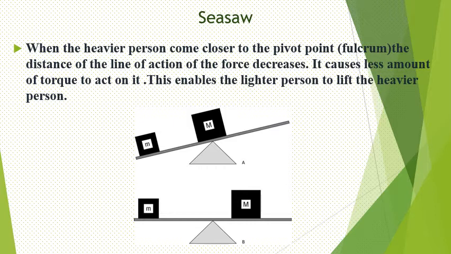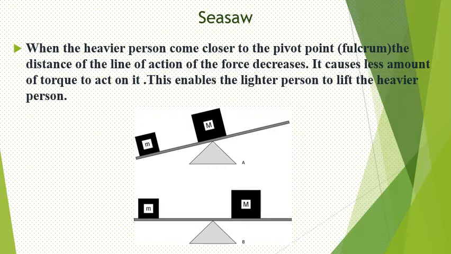When the heavier person comes closer to the pivot point, the distance of the line of action of force decreases. The rotating effect is less, so less torque acts on it. So the lighter person is able to lift the heavier person. That is the application of torque in the seesaw.